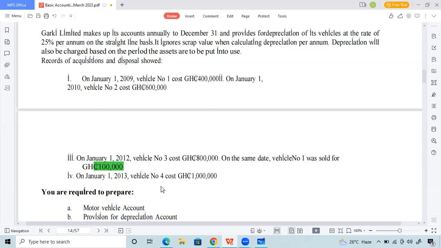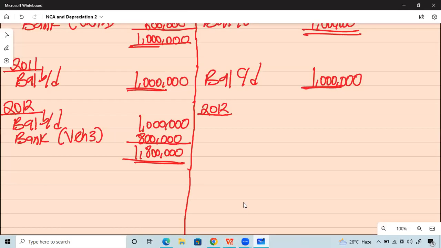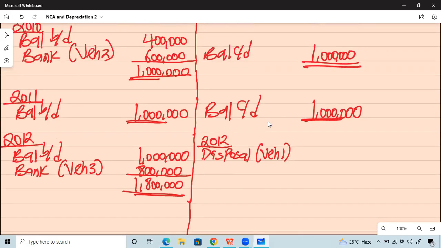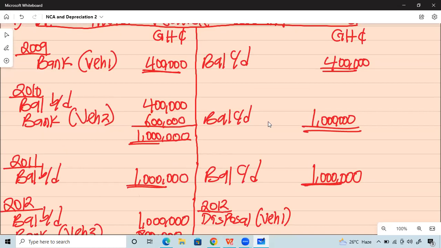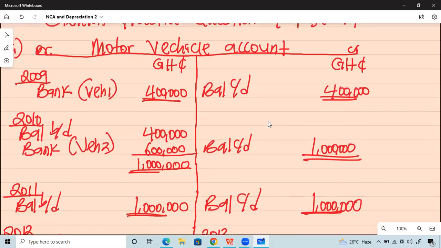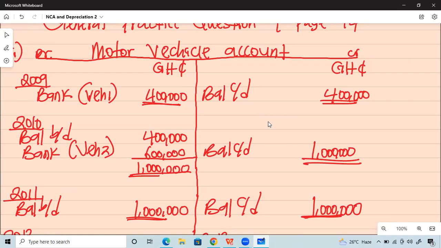What you are going to do, please don't forget, in this asset account is record the amount that you bought this particular vehicle 1 for. You are not recording the amount that you receive. You are recording the cost of that particular asset. In this asset account, you are not recording the sales proceeds that you receive from disposal.